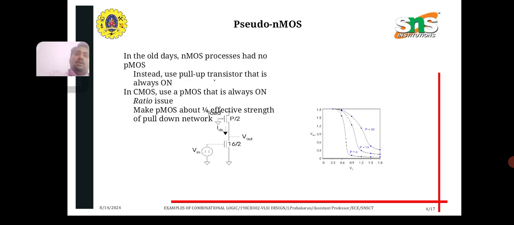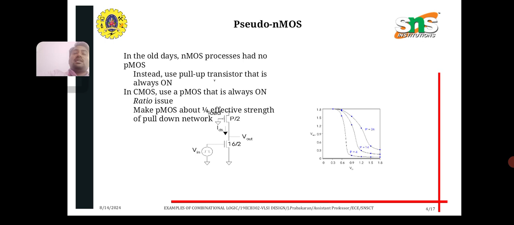The PMOS transistor, being always on, continuously pulls the output node towards VDD, that is logic 1. The NMOS transistors in the pull down network are used to pull the output down to VSS, which is logic 0, when the input conditions dictate.